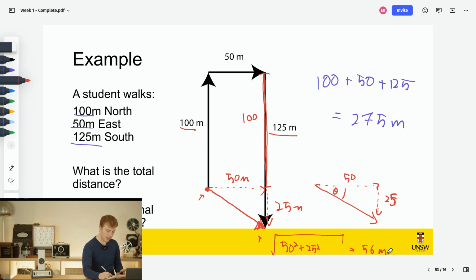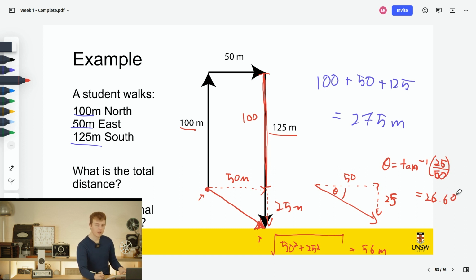And the angle is going to be the inverse tan of the opposite over the adjacent. So that's inverse tan of 25 divided by 50, which is 26.6 degrees. There we go.